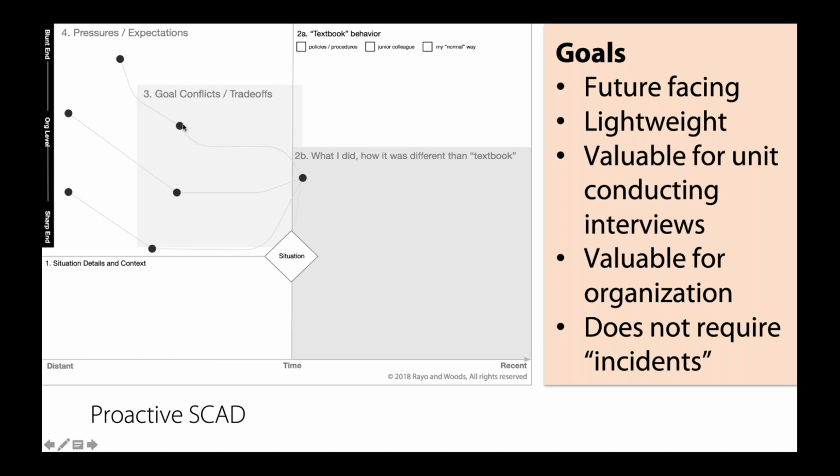So I would consider all of these dots to be places where I put a conflict or a trade-off. And when we see a real one, there's a pressure up here. Let's say this pressure is throughput or production pressure. And then we have another pressure that is service or collegiality.